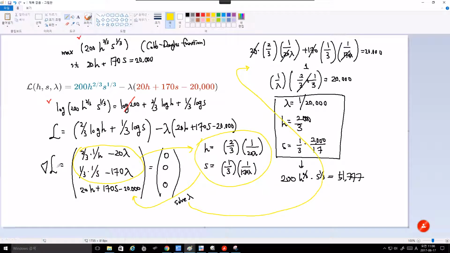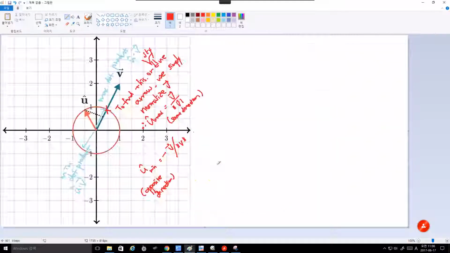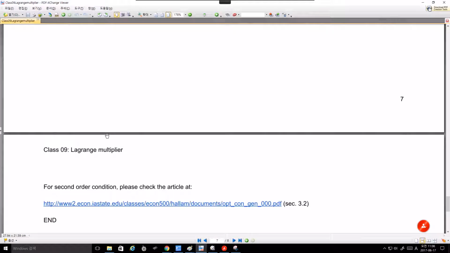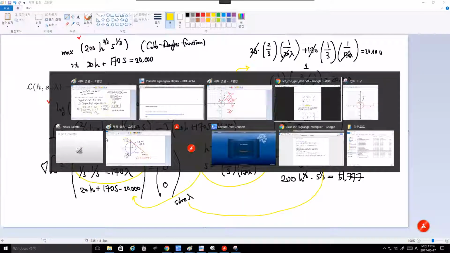Again, once we solve the Lagrangian like this, with the gradient equal to 0, then we want to know whether a point is a minimum or maximum. In this case, it finds the solution at two points, here and this one. Maybe you want to know which is the maximum and which is the minimum, then you have to check the second order condition.